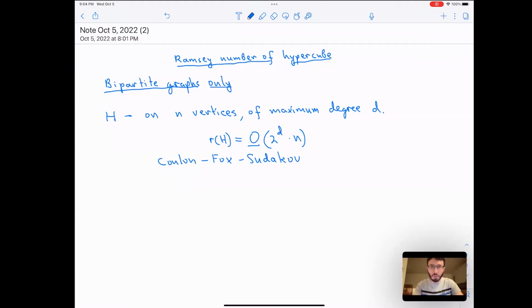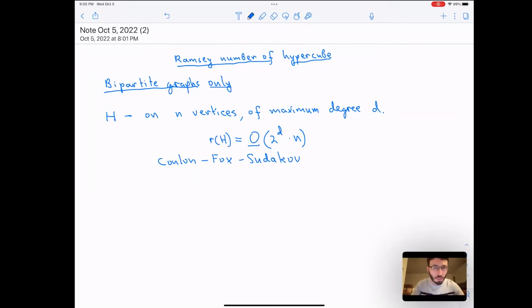I'm going to talk about that in a moment. What about the lower bound? Well, the trivial lower bound is n, of course. It is also known that for graphs with strong enough expansion properties, a lower bound of the type n times some exponent of D also works.